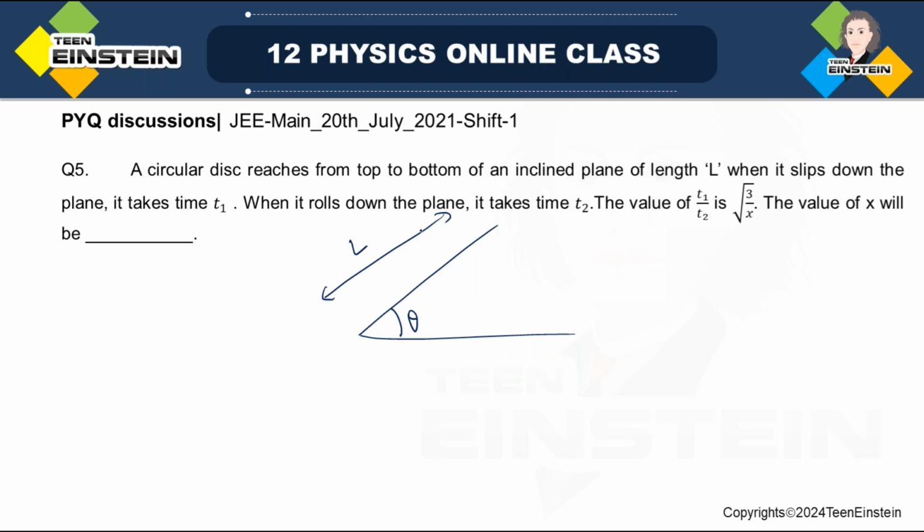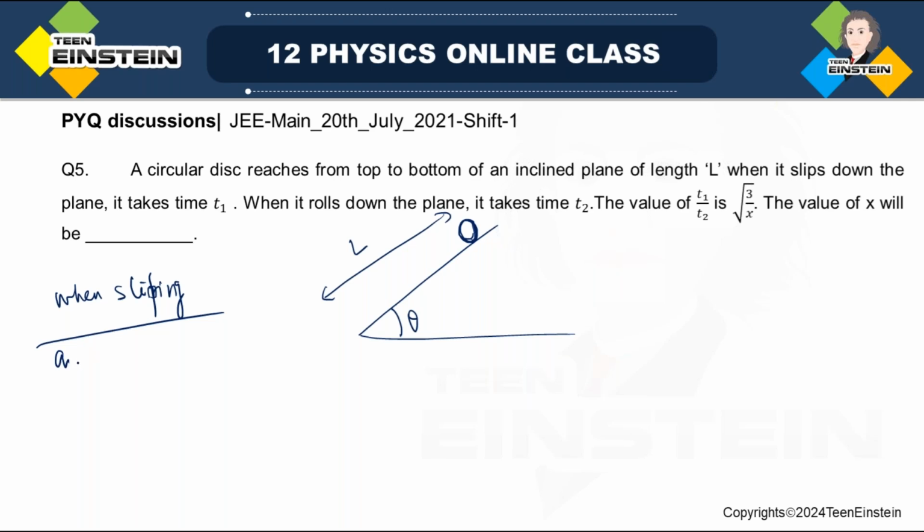It slips, so a disc, okay, it can rotate, it can slip, depending on the situation. So let us first find out for translational motion. When the disc is slipping, that means there is a translational motion. So what will be the acceleration for this case?